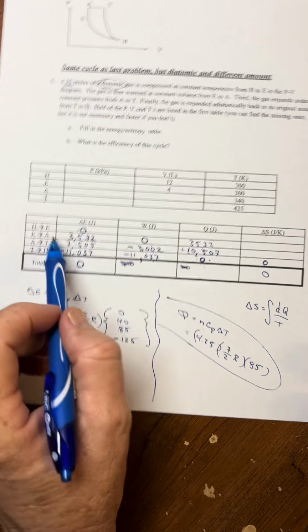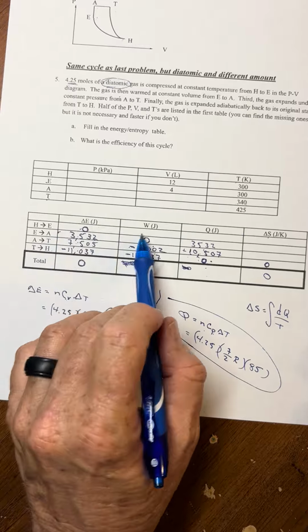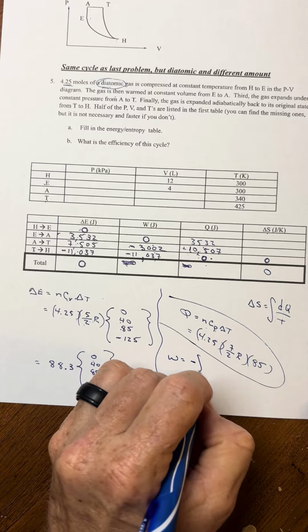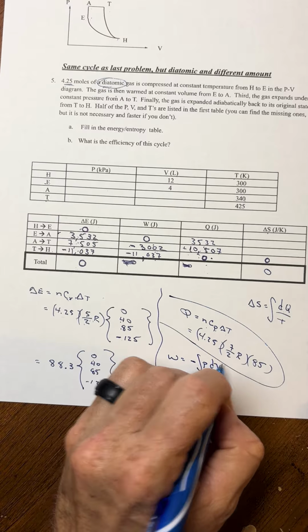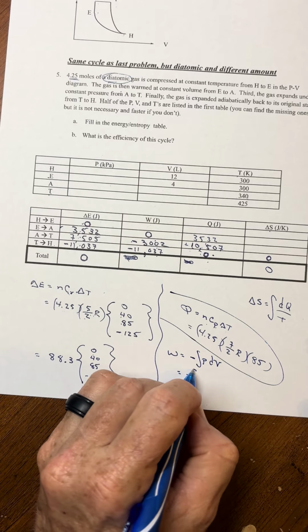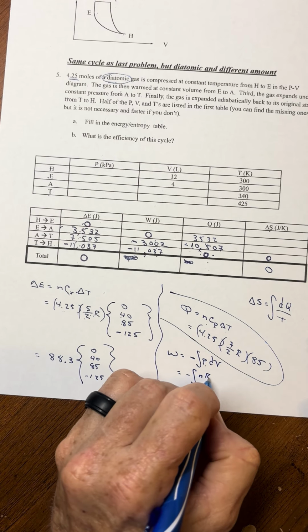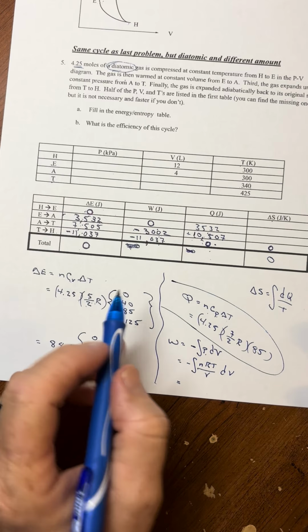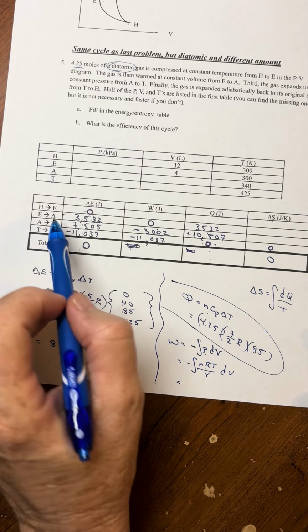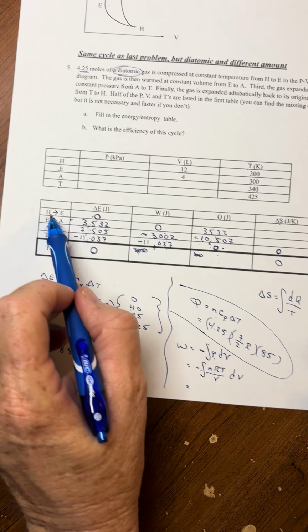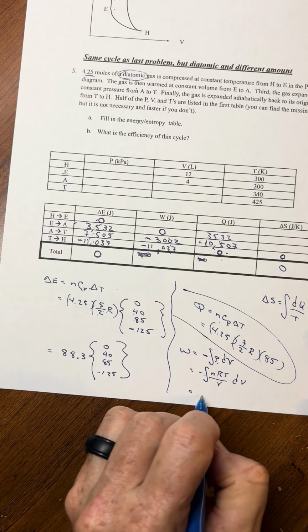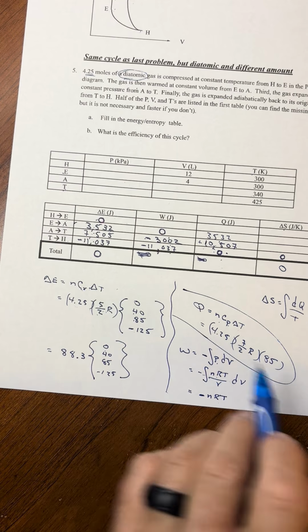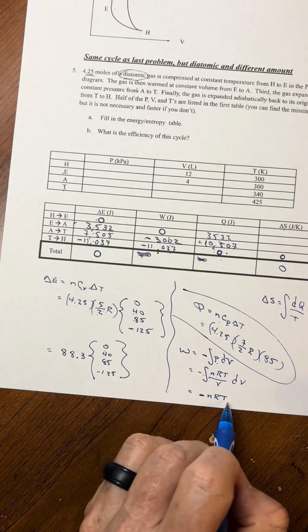But when I go to do, say, a calculation for work, it's the integral of negative P dV. And if we replace P with nRT over V, and say focus on constant temperature, so that's what this is, H to E is constant temperature, then I get nRT, and I can pull the T in front of the integral because it's a constant.